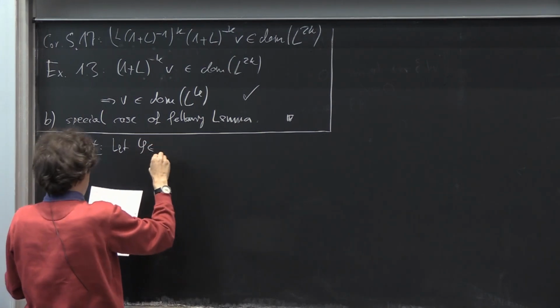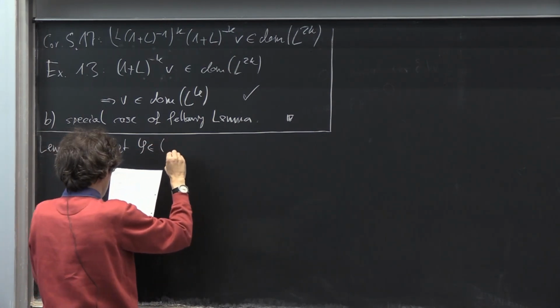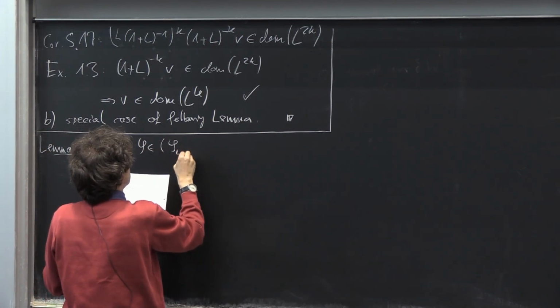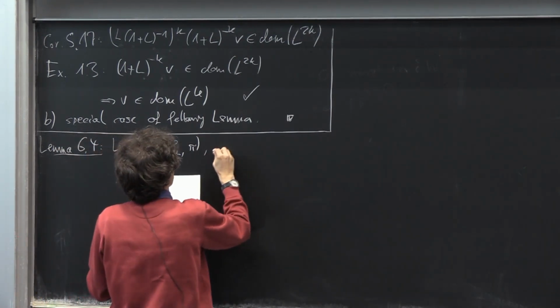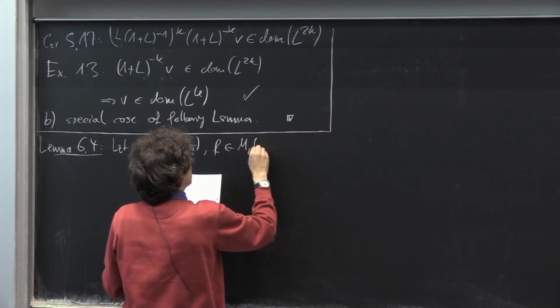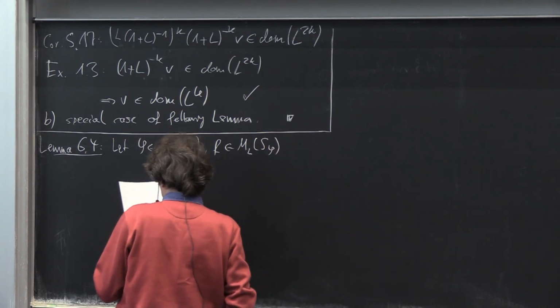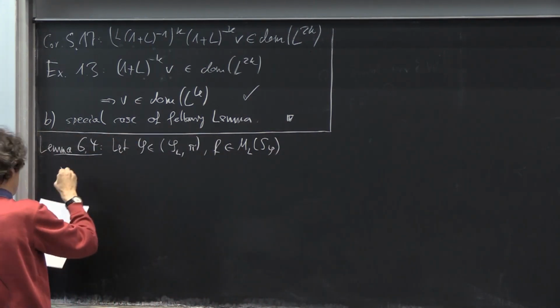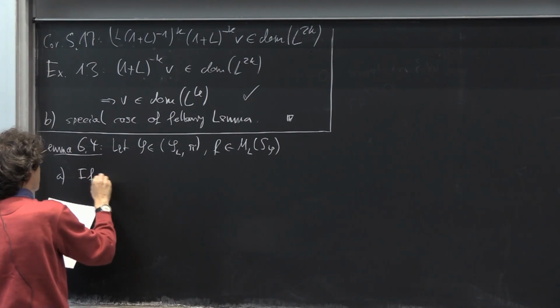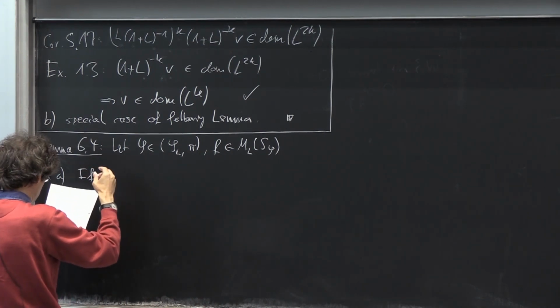It tells you if you have any regularizable function, so we have a phi greater than the sectoriality angle, and you take any regularizable function in the functional calculus of L, then now we have again the two cases, L injective or not.